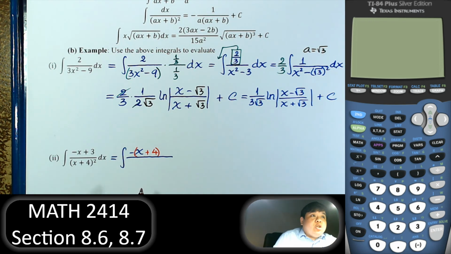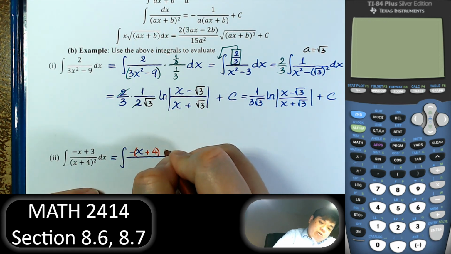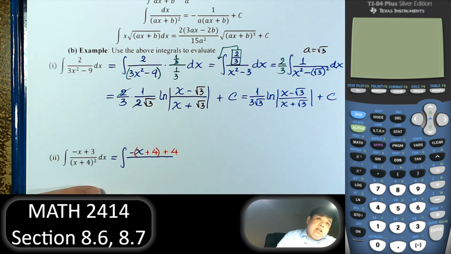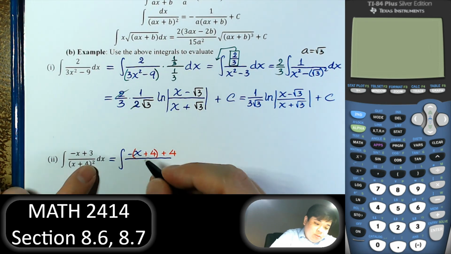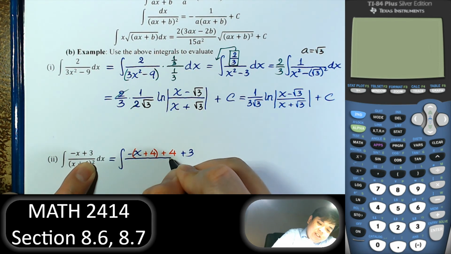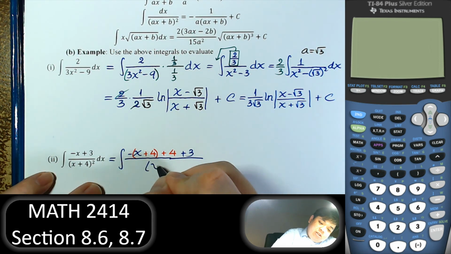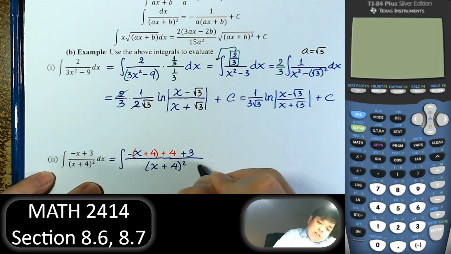We cannot just subtract 4 without adding a 4 to it. So x minus 4 plus 4, and now when we multiply it out, minus 4 plus 4 cancel out. So that's good. So this is plus 3. And then we have x plus 4 at the bottom, squared, dx.